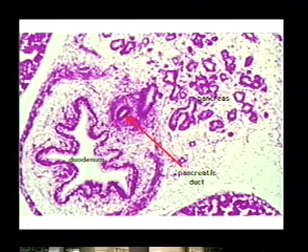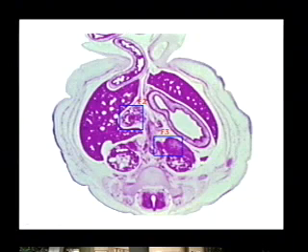As we go to higher magnification of that box on the upper left, shown right here, there's a pretty decent cross-section through the more proximal portion of the duodenum. At higher magnification, we orient to the lumen of this portion of the duodenum.